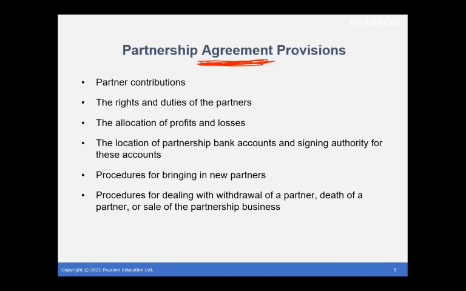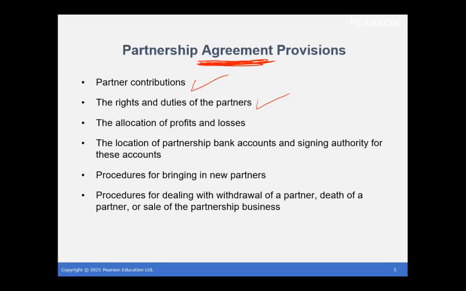So inside the partnership agreement, we're going to have things like how much the partners need to contribute, right? Each partner is going to put in 500,000 or whatever. Also, the rights and the duties of the partners. So what do they have the right to, and what are they responsible for taking care of? Maybe one partner is dealing with the administration, and the other partners are completing the work or something like this.